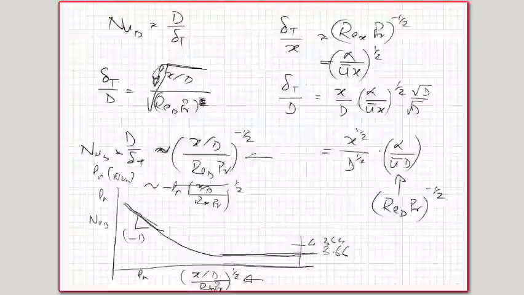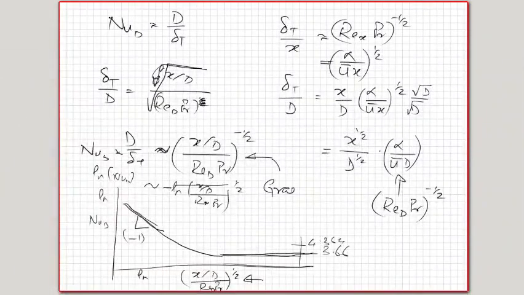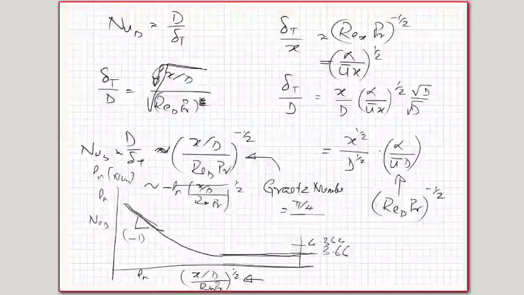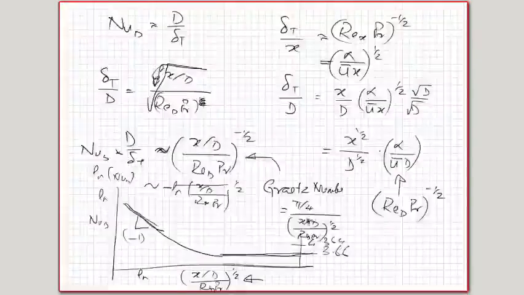And normally this number is quite frequently called, it's related to a number called the Graetz number, which is actually equal to pi by 4 divided by (x by d by Re_D Pr).